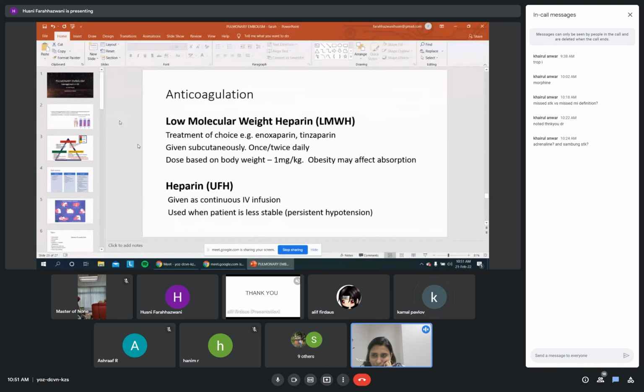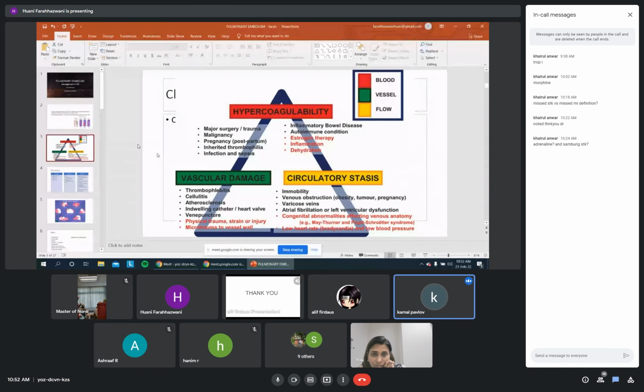Do apply the Wells score and PERC rule respectively in order to include and exclude the diagnosis. Early involvement of the multidisciplinary team in order to achieve a good outcome for the PE patient. And also prophylaxis of anticoagulant is recommended for those patients who are suspected of PE.